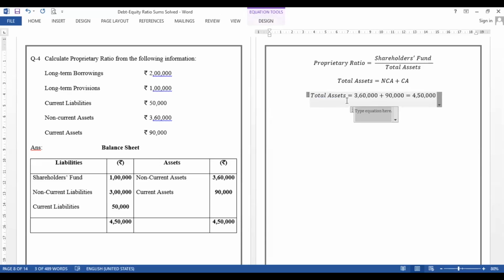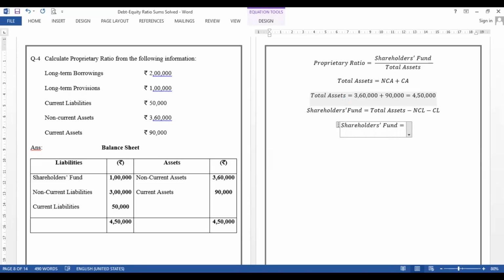Next is how I have calculated shareholders fund. So let us find that. Shareholders fund will be equal to total assets minus non-current liabilities and minus current liabilities. So let us place the values over here to calculate shareholders fund.